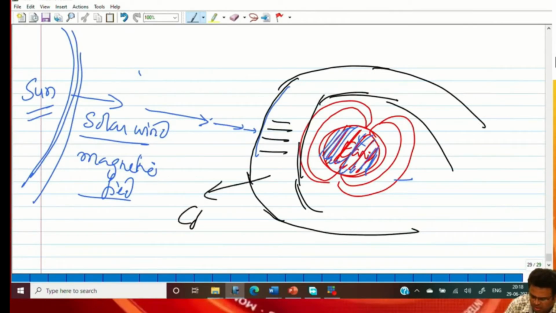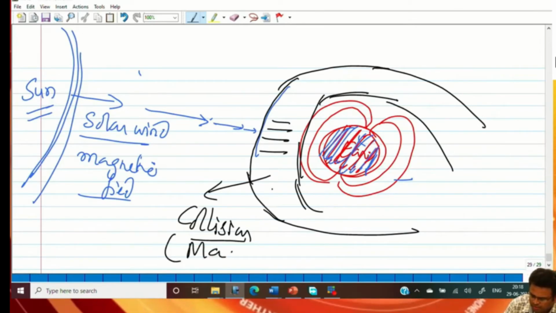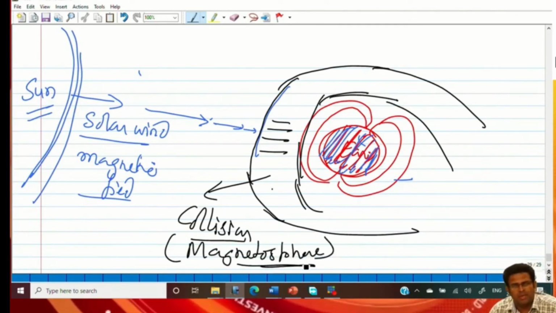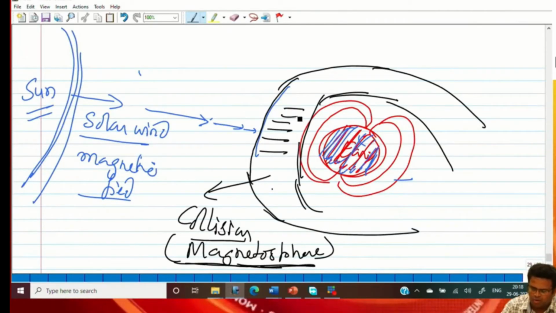What does this collision cause? Magnetosphere. You will read all this in geography too. Magnetosphere will not be taught in your geography only; it will be taught up to the troposphere, stratosphere, mesosphere, thermosphere, exosphere. Not magnetosphere. This is your magnetosphere, and it is also known as the Van Allen belt.